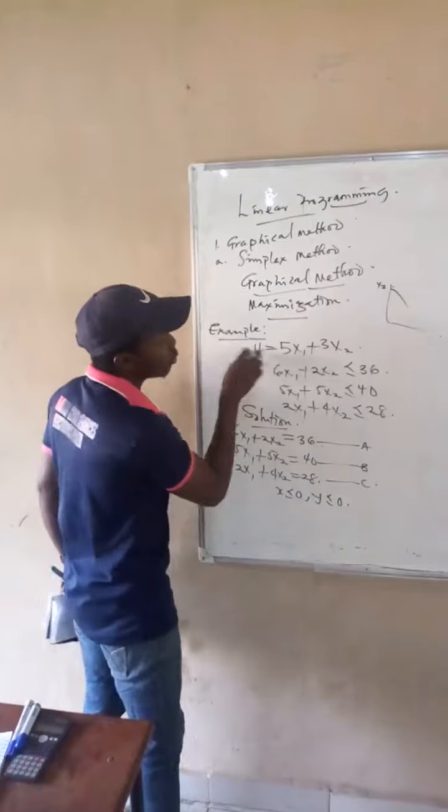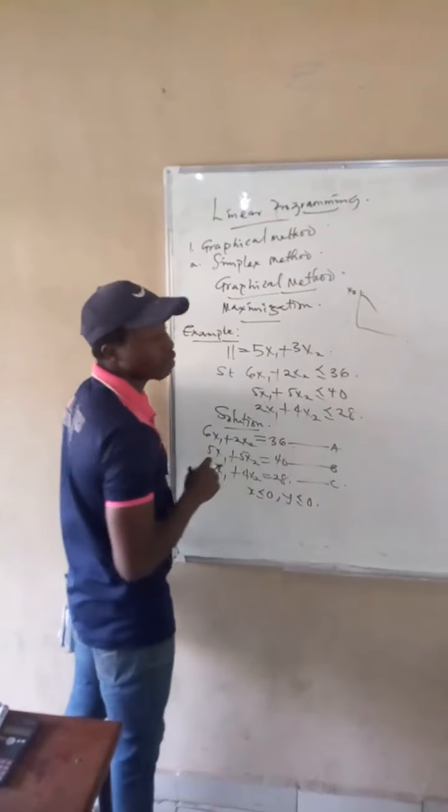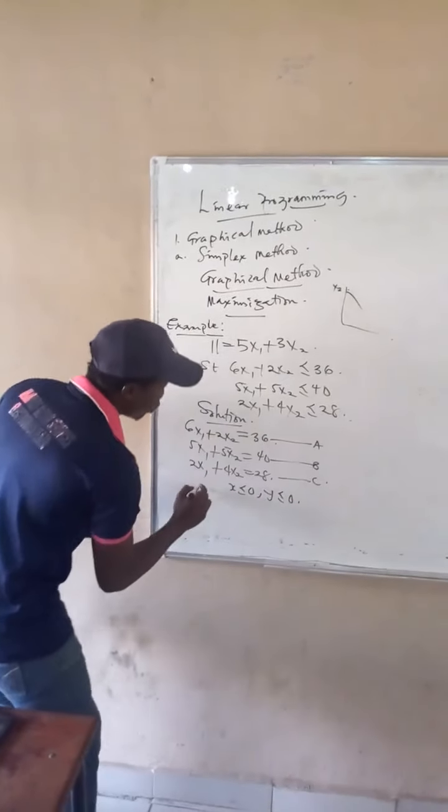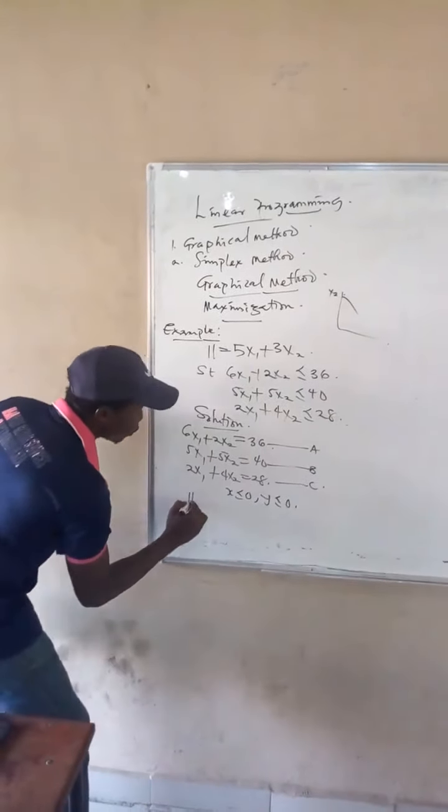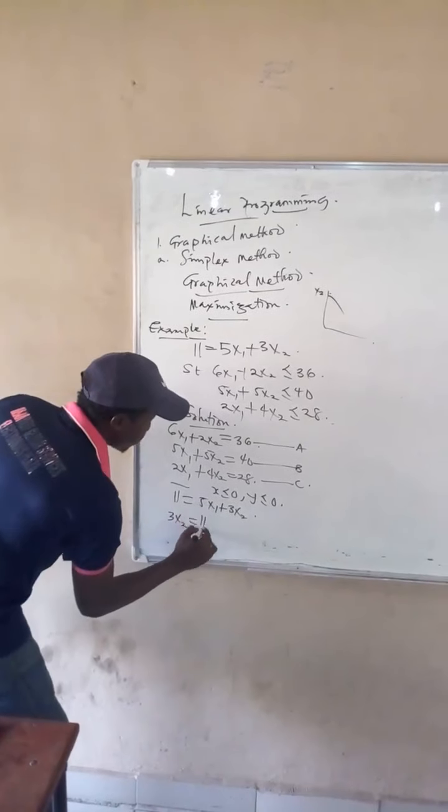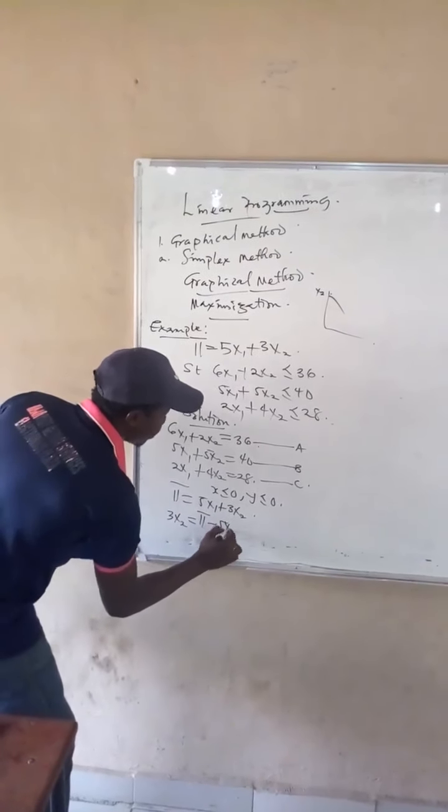So definitely, I can come to the objective function and make x2 the subject of the formula. I have profit equals 5x1 plus 3x2. Making x2 the subject of the formula, I'm going to have 3x2 equals profit minus 5x1.